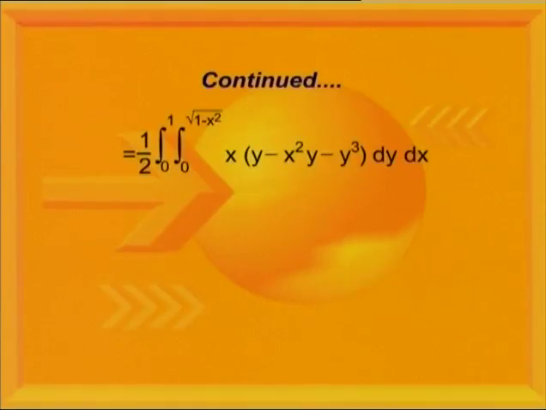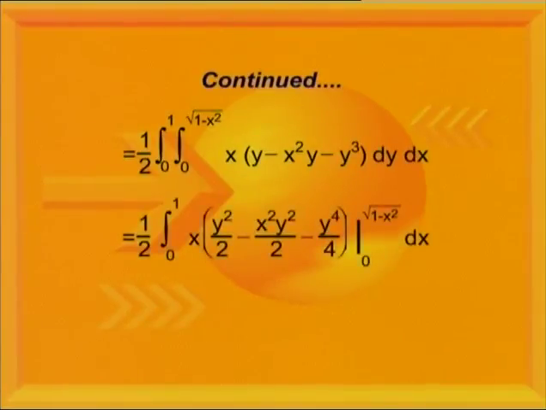Now first of all, simplifying it, the integrand can be written as xy minus x square y minus y cube, and the factor 1 over 2 we can take outside of the integral sign.